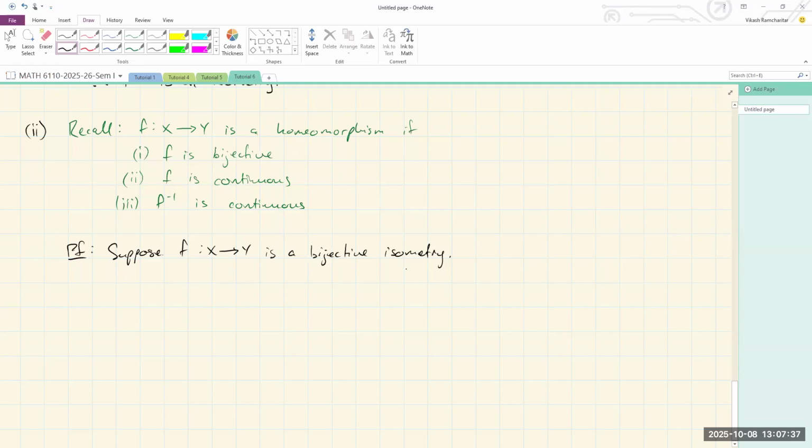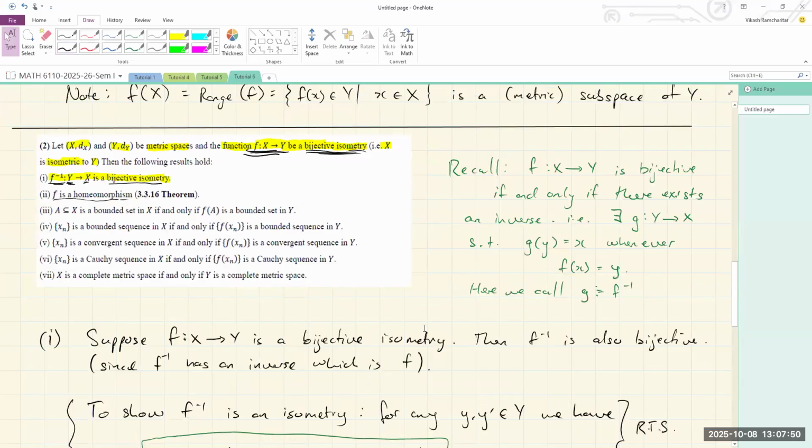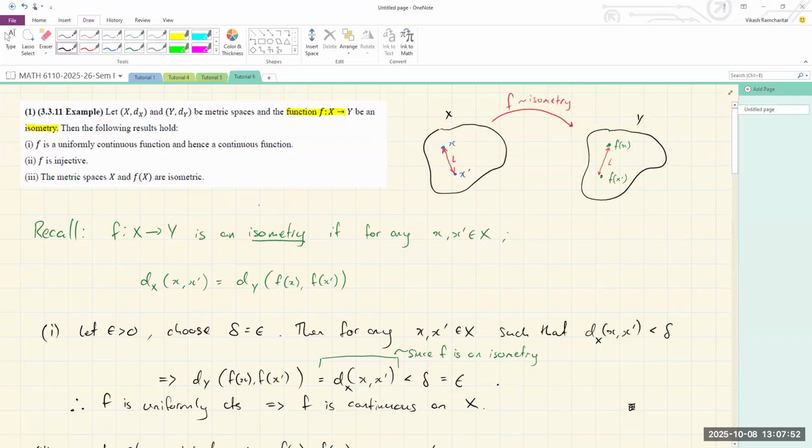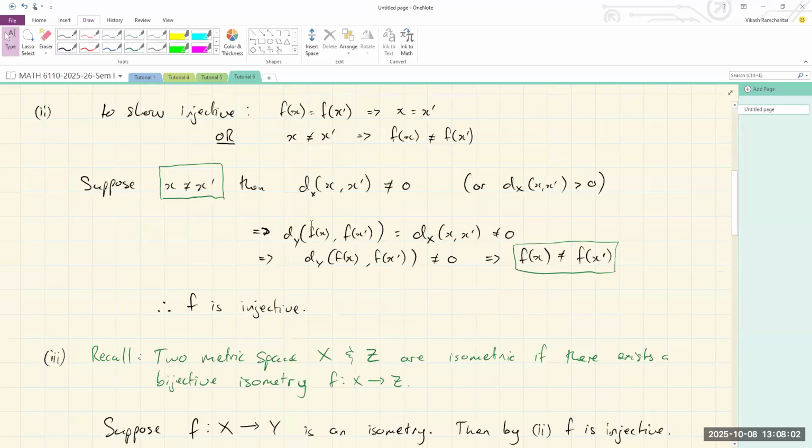Suppose f is a bijective isometry, then obviously f is bijective. So condition one, check. Is f continuous? Remember we proved that if we have an isometry, then that isometry is not only continuous, it's uniformly continuous. So yes, it is also continuous.